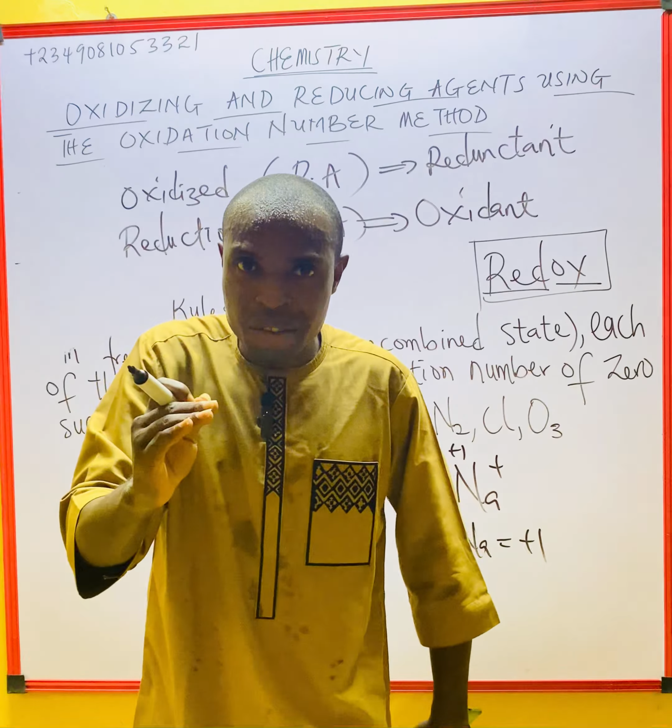And I've told you before, any species that undergoes oxidation is a reducing agent. In the case of copper, it goes from plus 2 to 0, meaning reduction, and any species that undergoes reduction is an oxidizing agent. Take note, you know your reduced species, oxidized species, oxidizing agent and reducing agent from your reactants.